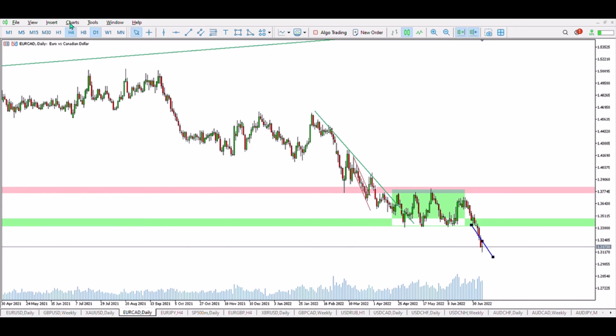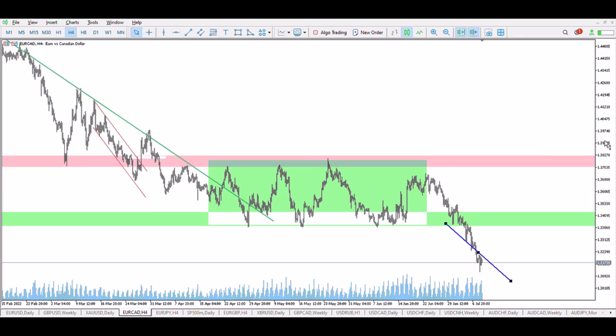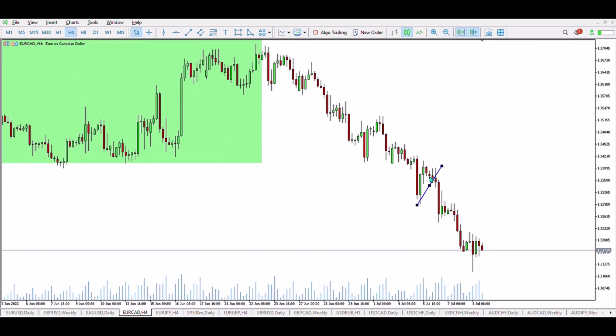So here on the 4-hour chart, let me zoom out so you can see, we first had this breakout here. I saw how the price then corrected and retested the broken support, so it's now a resistance, and I started selling the pair, and it was a very nice trade because after some time the price just continued to the downside.